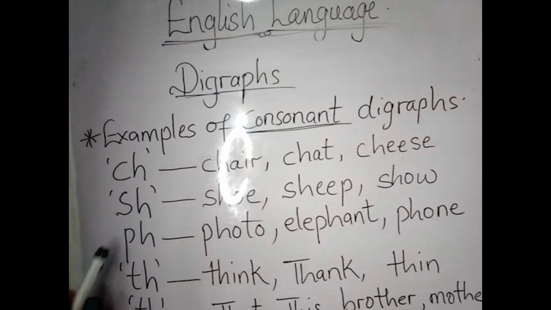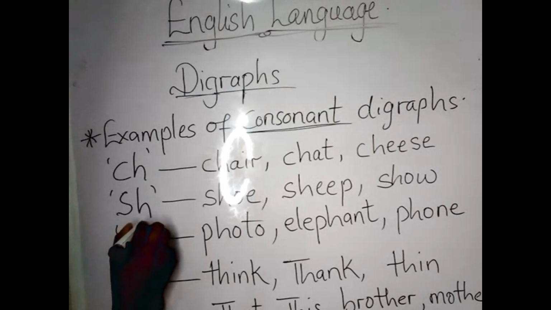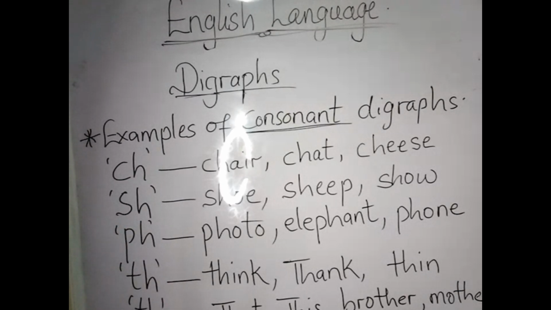Okay, so the next one is the letters P and H. Letter P makes the sound P, while letter H makes the sound H. But in the new sound, you don't hear either of those sounds.